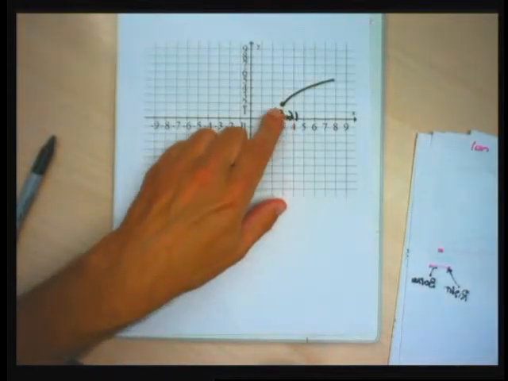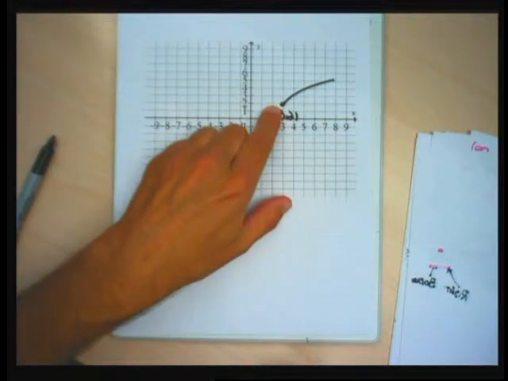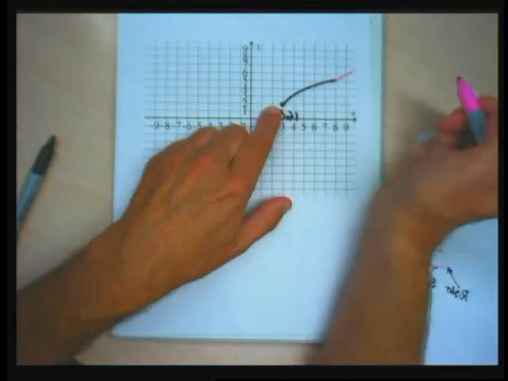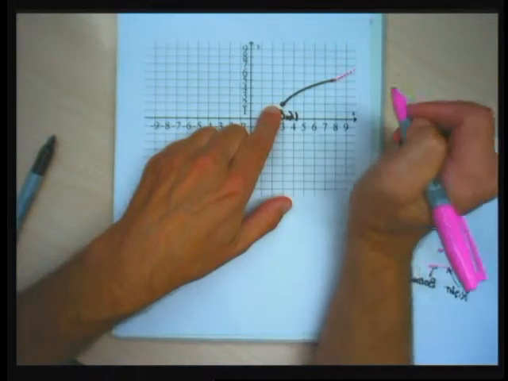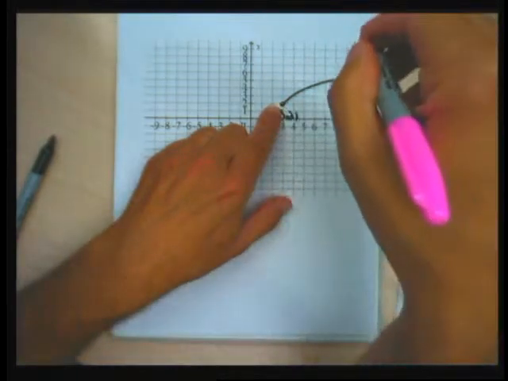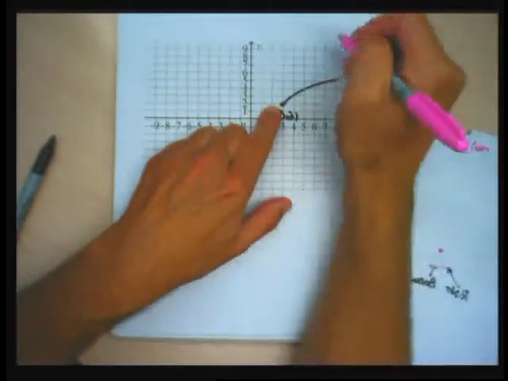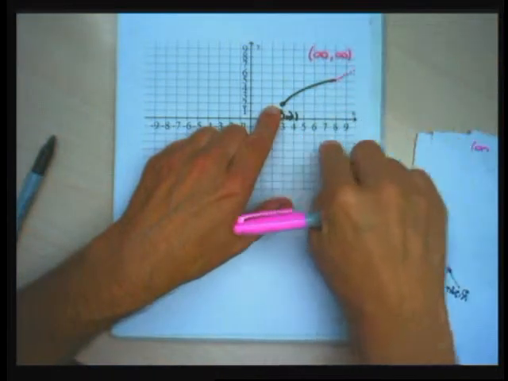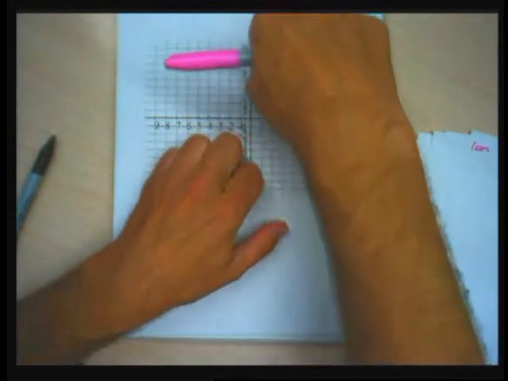I wrote a period on this side, so this side doesn't need to be extended. This side does, and I'm assuming the graph is going to keep going up and to the right. So you need to extend it. When you extend it, it goes to the top of the y-axis, to the far right edge of the x-axis, so it goes to a double positive, because the x-axis goes positive to the right, the y-axis goes positive when you go up.